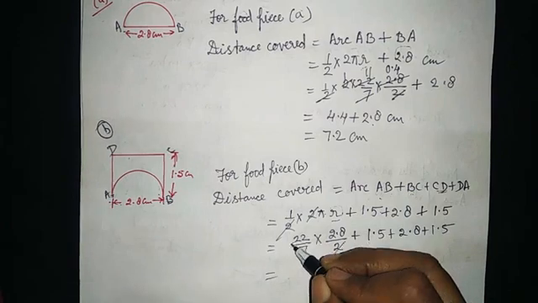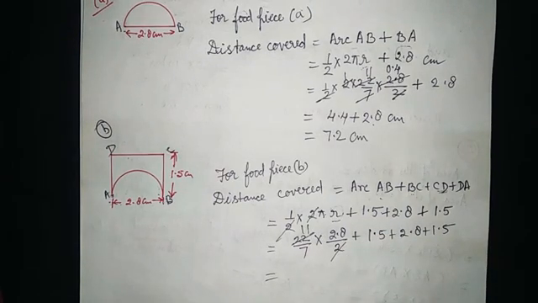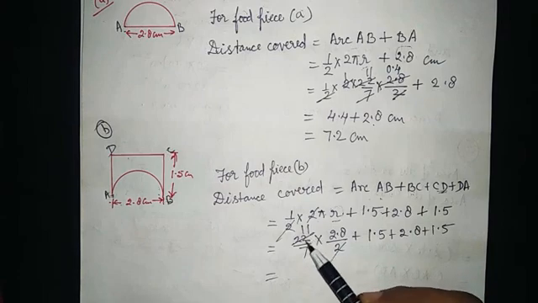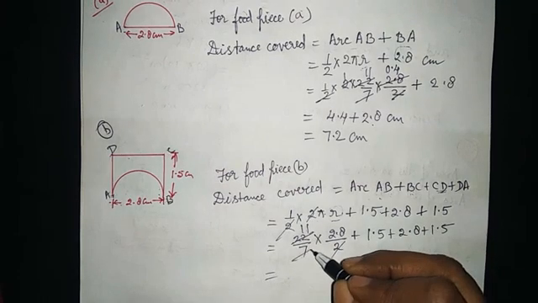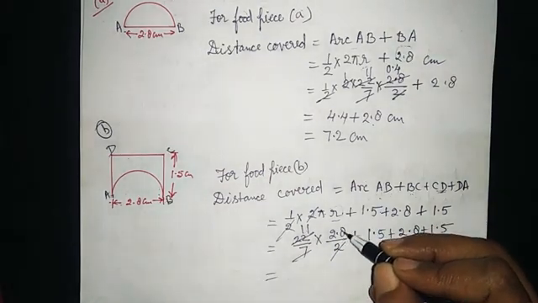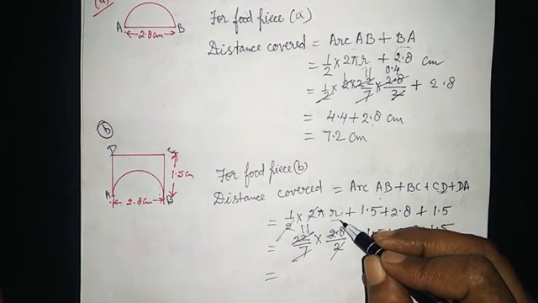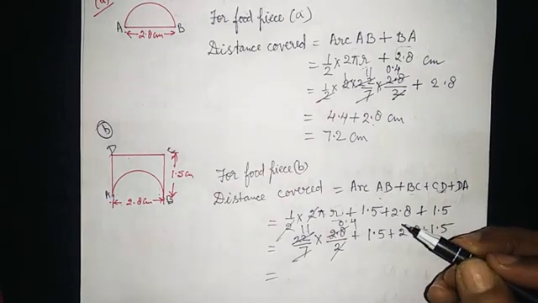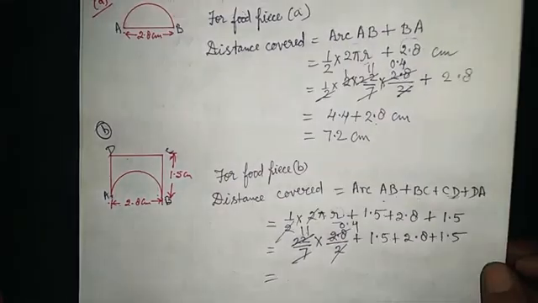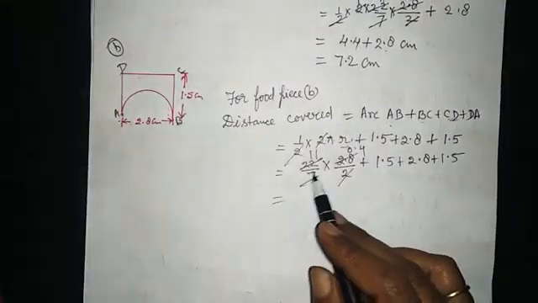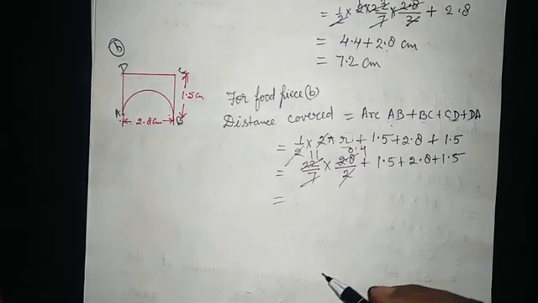Now this and this we will simplify. 11 will come. Okay. 2 1 2, and here 2 11 22, and here 7 by 7 we will divide this to 2.8. So here we will get 0.4. Now 11 and 0.4 we will multiply.